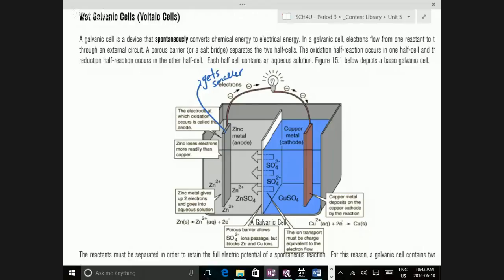Now, on the right side, we have a copper plate, but the copper plate isn't what's involved in this reaction, is it? Because what's the second half reaction? Aqueous copper goes to solid. So when the electrons get to the copper plate, they come into the copper plate just because it's a conductor. A conductor can carry electrons.